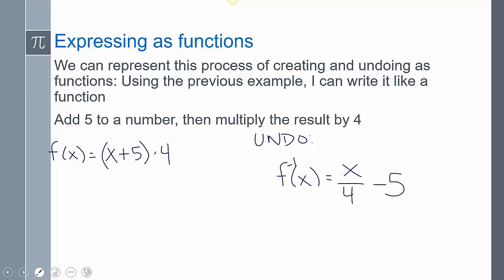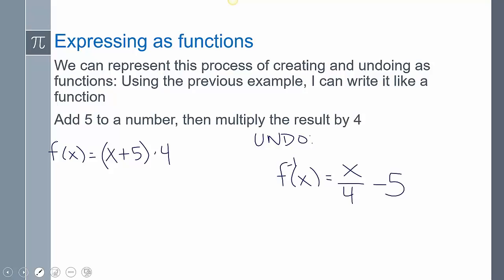This equation that we see here is my quote-unquote undoing equation. So I took my number and divided by 4, then subtracted 5 from the result, and I ended up with my original number. We call this new function my inverse function.